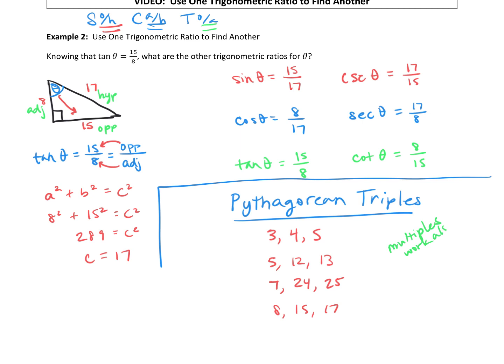So what I mean is, like that 3, 4, 5, if we doubled all of those, multiplied them all by 2, 6, 8, 10, that would work out in the Pythagorean theorem as well. If we multiplied them all by 3, if we had 9, 12, 15, it's basically like a triple that's not reduced. This would reduce down to the 3, 4, 5. But if I was given 9 and 12 as two side lengths of a right triangle, I already know the third side would be 15. I don't even have to do the Pythagorean theorem.